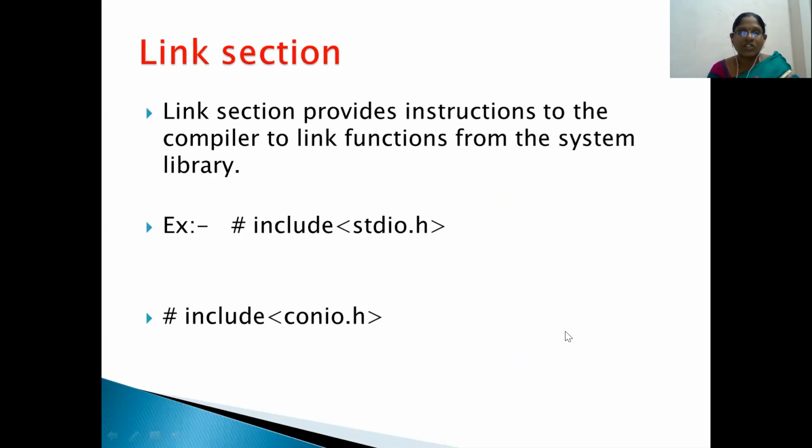And you will have some functions like getch, putchar, clrscr, exit, which will be defined in conio.h. Whatever functions you are using in that particular program, you are going to include those header files in the beginning of the C program. This is a very mandatory section.